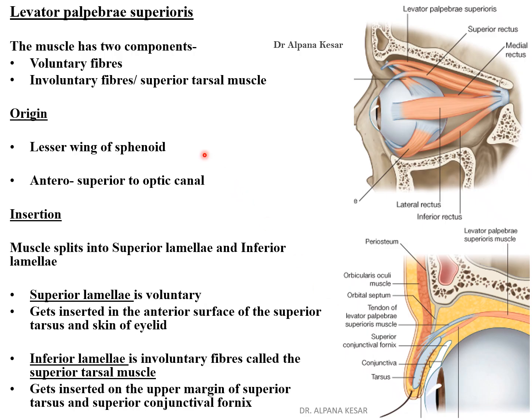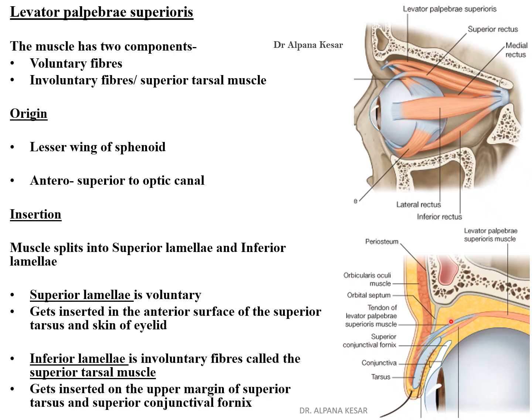The origin of levator palpebrae superioris is from the lesser wing of sphenoid and also from the region of bony orbit anterosuperior to the optic canal. Insertion is as follows. The muscle splits into superior lamellae and inferior lamellae.